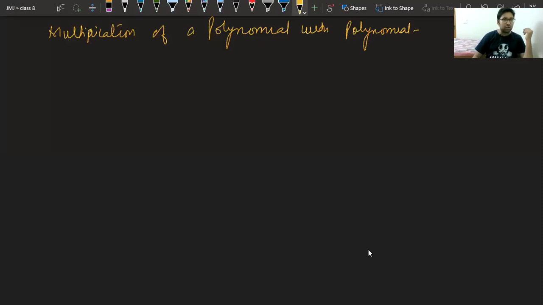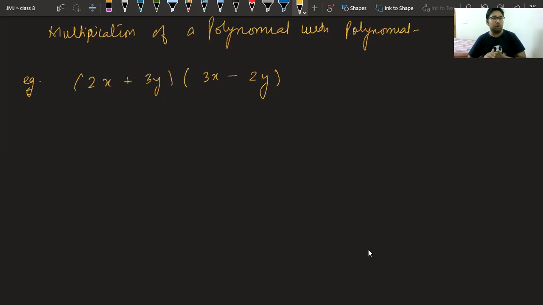So first, see this one. Please tell me the answer of this example: (2x + 3y) into (3x - 2y). Please tell me the answer of this multiplication of two binomials. This is not similar. In this case, you have to understand how to distribute.